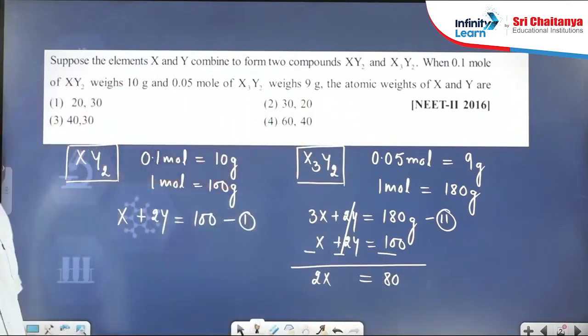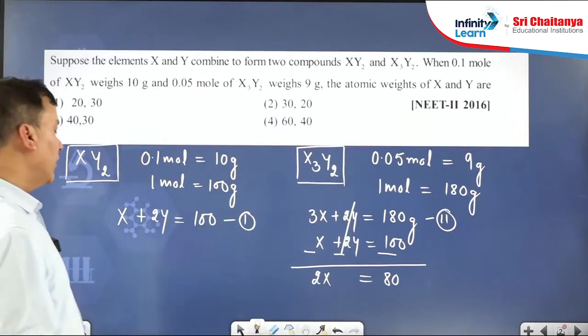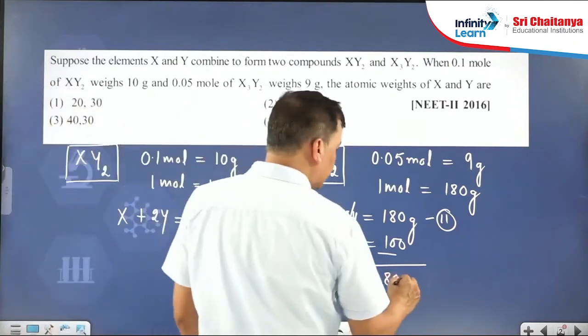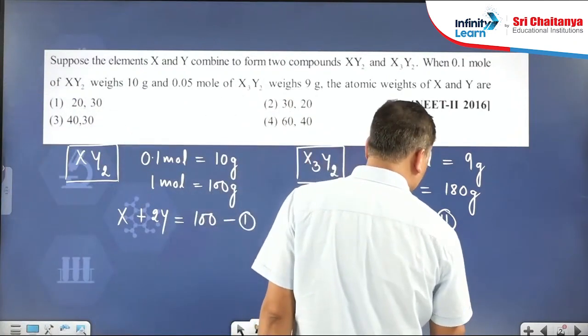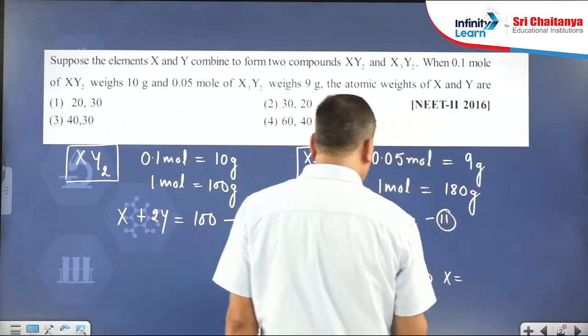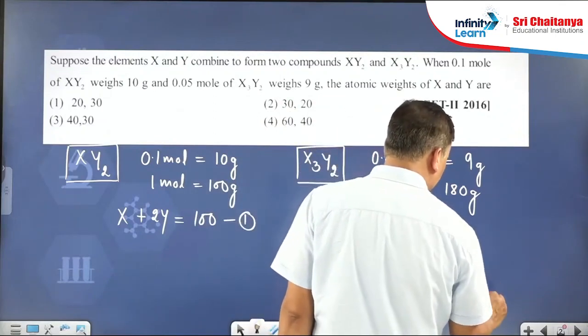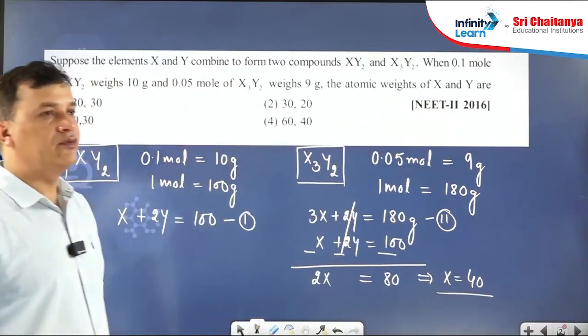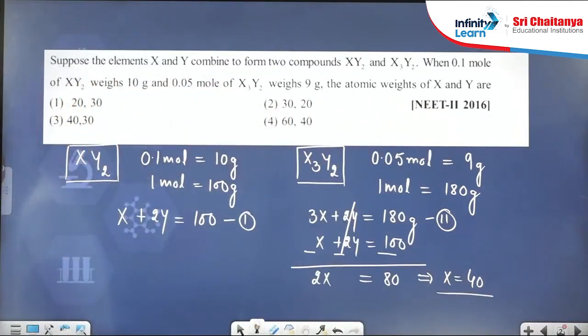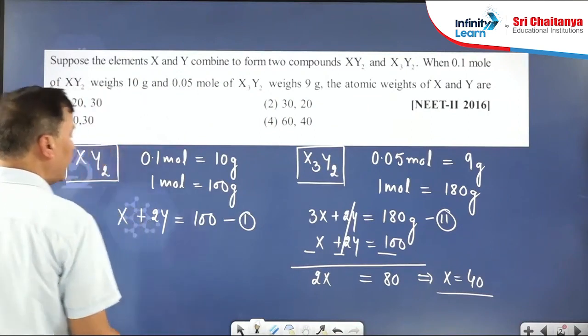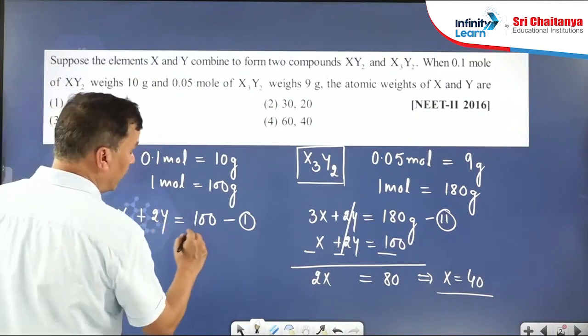Please confirm this, yes or no? Then from this, X is equal to 40. Now the atomic mass of X will be 40. Is that clear?